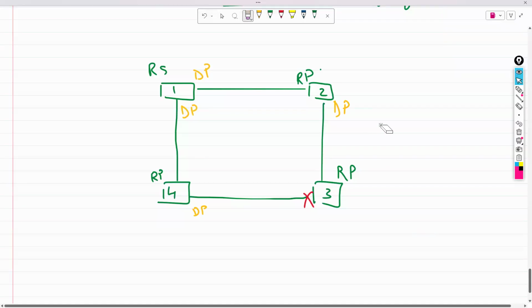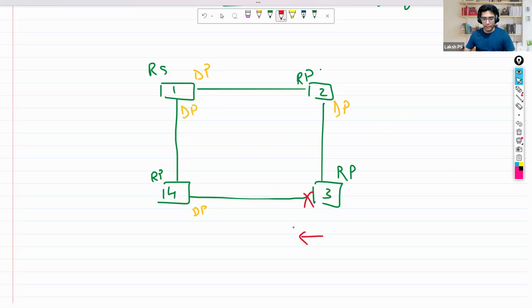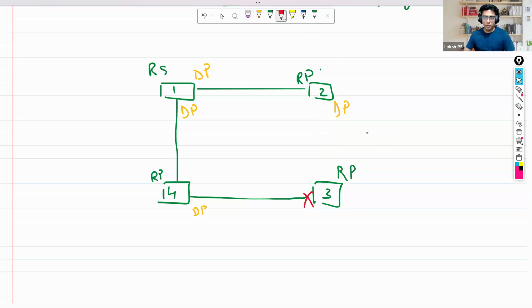Now, as we were discussing, what if this interface is already blocked? It is not sending any data and not receiving any data. Now, what if this link goes down? When this link goes down, there is no reception or transmission of data.